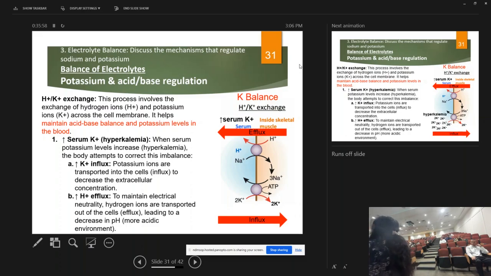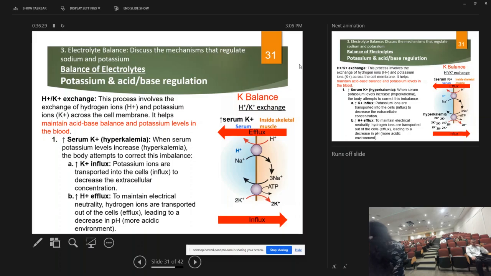Will this pump then work faster in return to compensate? So then what are you going to create here? The pH problem, right? You have corrected for potassium, but maybe you'll create a problem for the pH. So it's a balance of both. You have to correct it based on your pathophysiology. Are we correcting the pH in ICF or ECF?